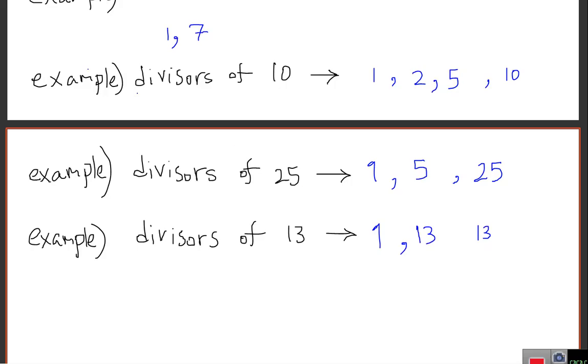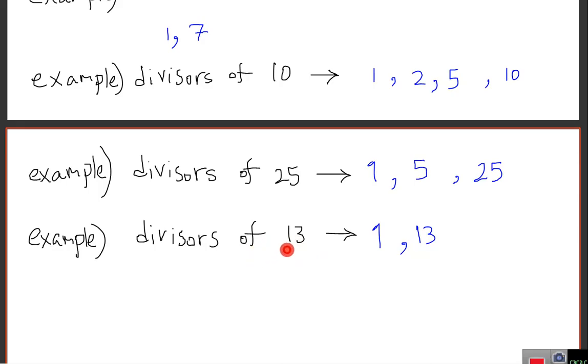It has only 2 divisors. It has no other divisor. For example, if we think of 2, 13 is not divisible by 2. If we think of 3, 13 is not divisible by 3. 5, the same story. 7, the same story.